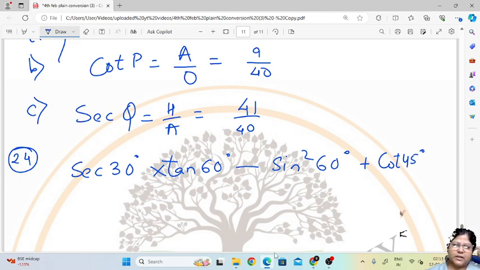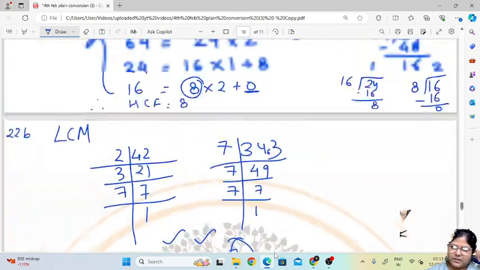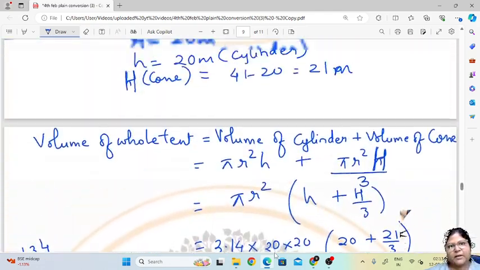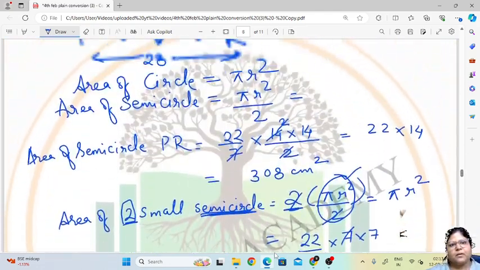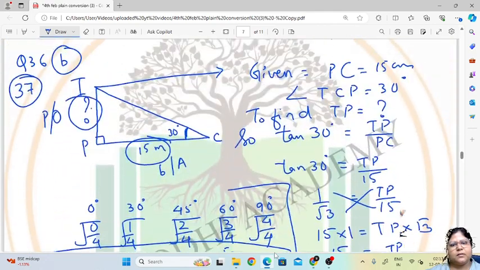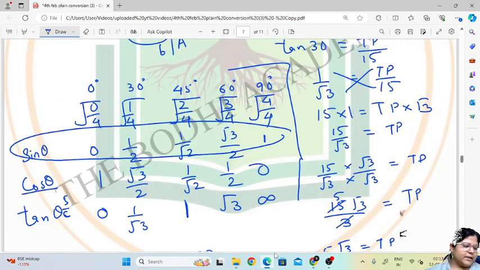So for this question again you will require the table which we had made in the previous part. Sec is just the reverse, the reciprocal of your cos. Sec 30 will be 1 upon root 3 upon 2.